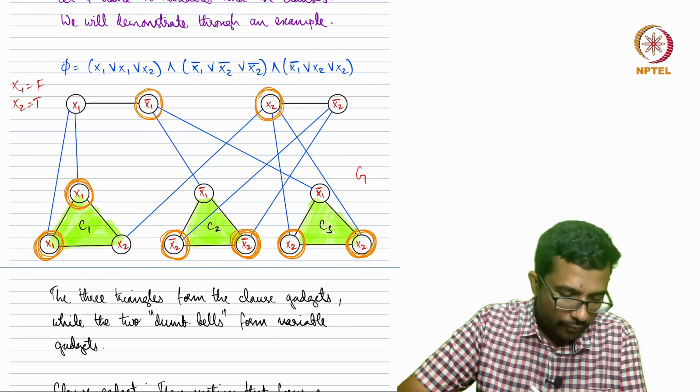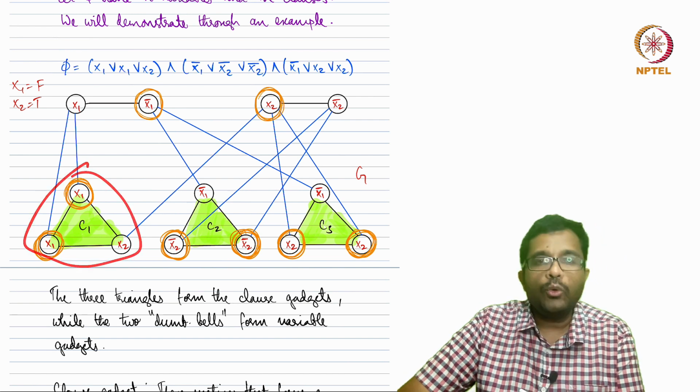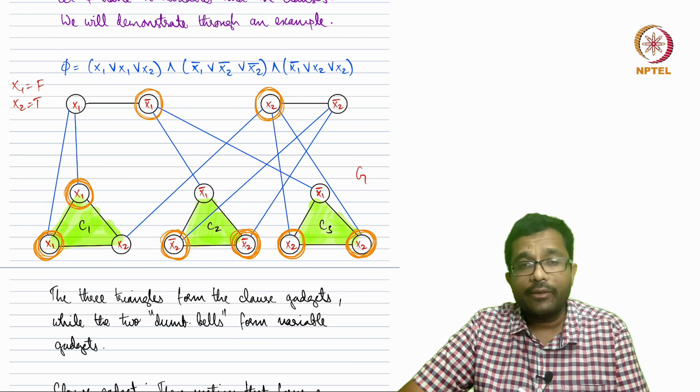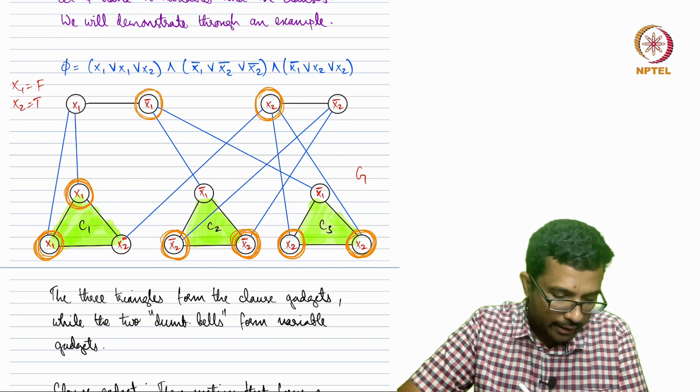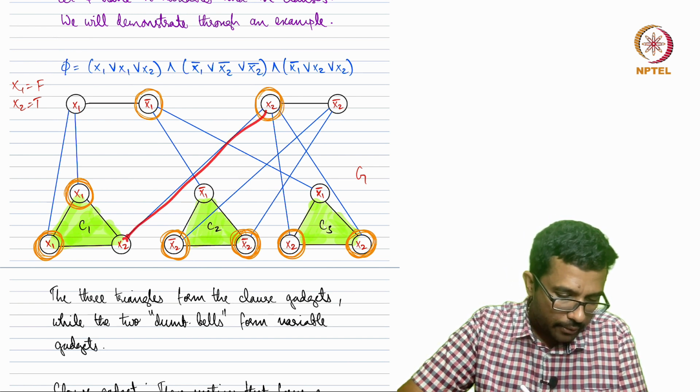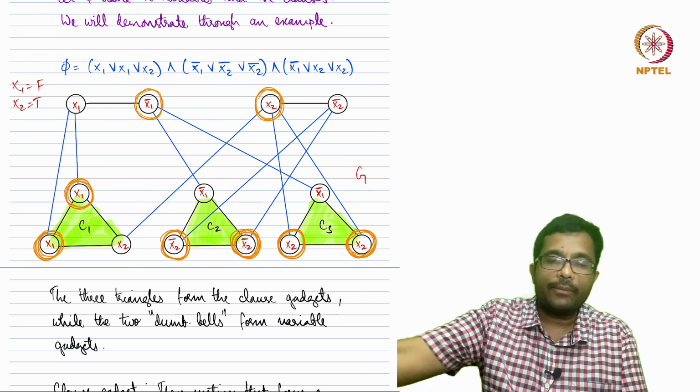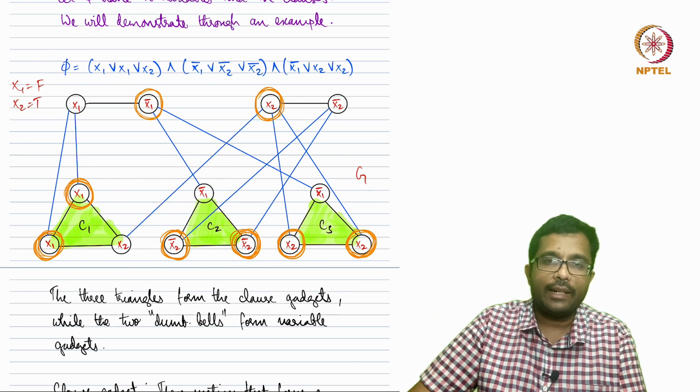Because we only have exactly 2 vertices from each class gadget in the vertex cover. So the third edge going across is covered from the variable gadget, right?